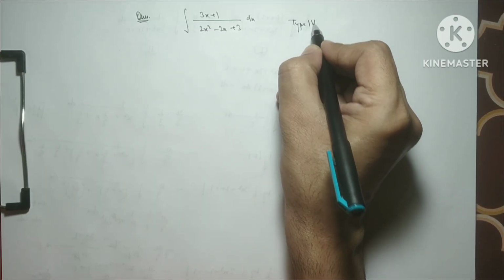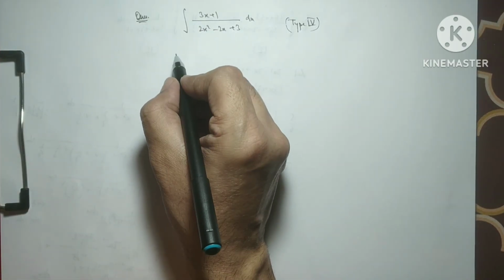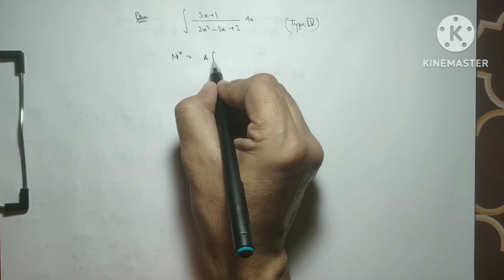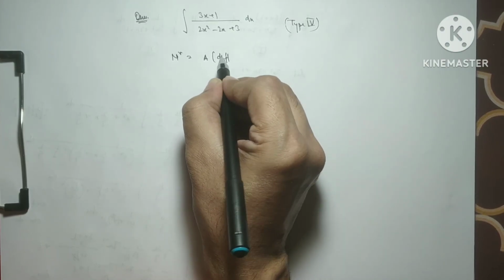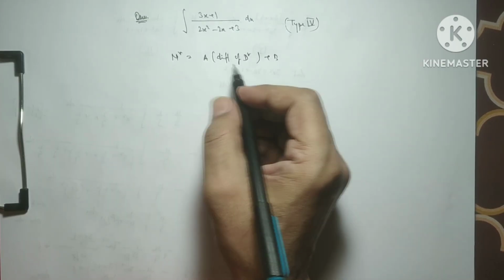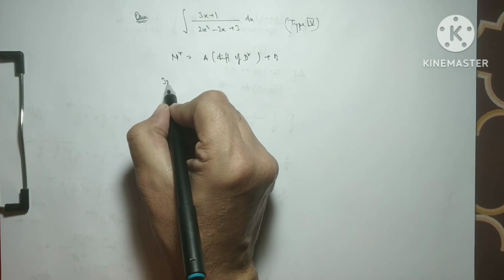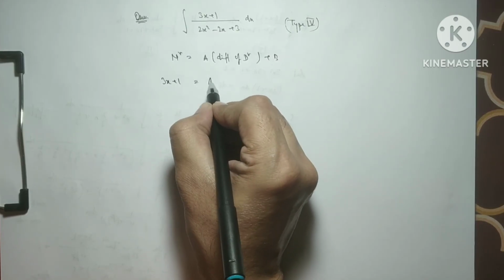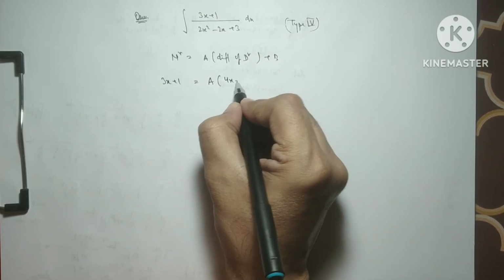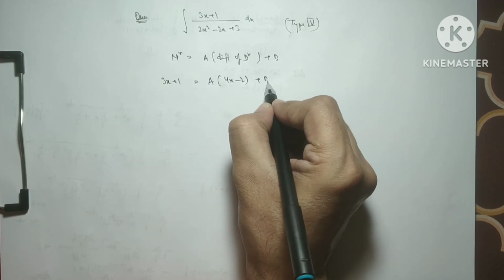So according to type 4, we convert this numerator as a into differentiation of denominator plus b. So this will be converted into 3x plus 1. A differentiation of denominator part is 4x minus 2 plus b.